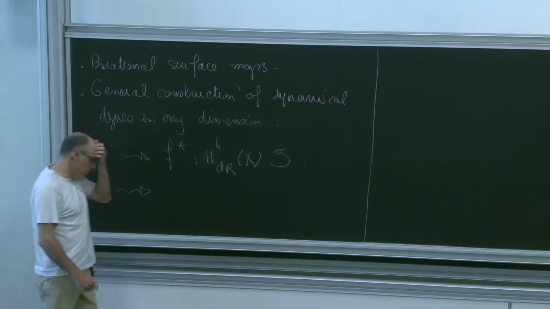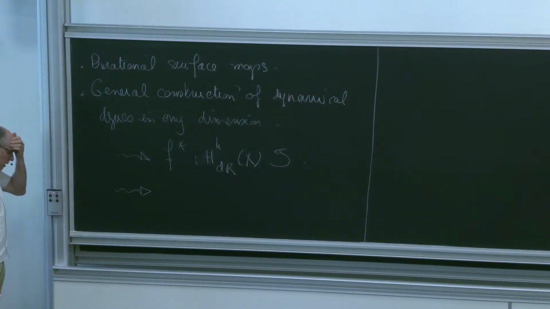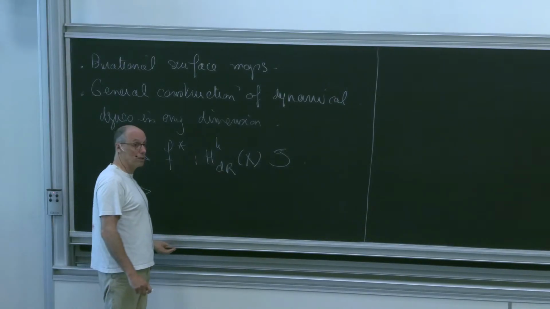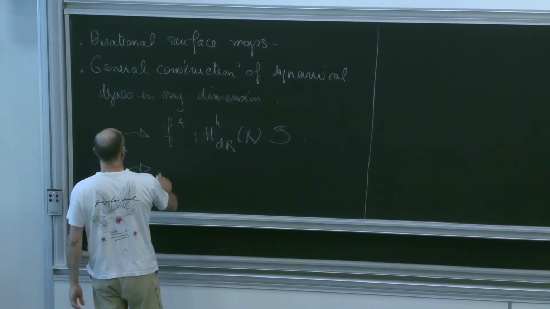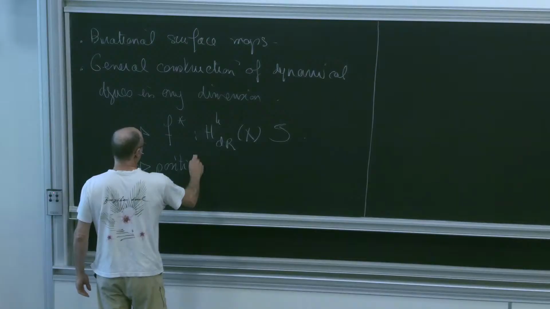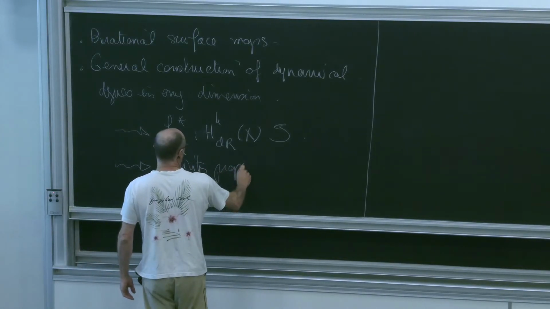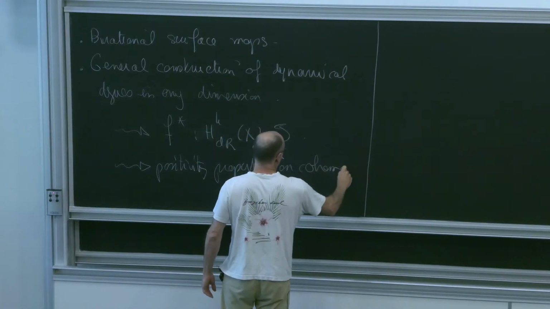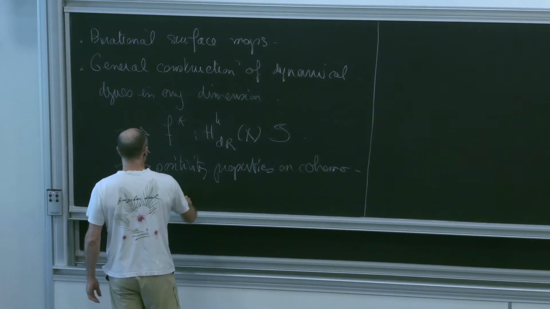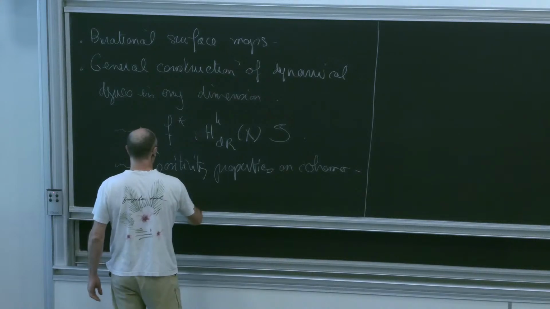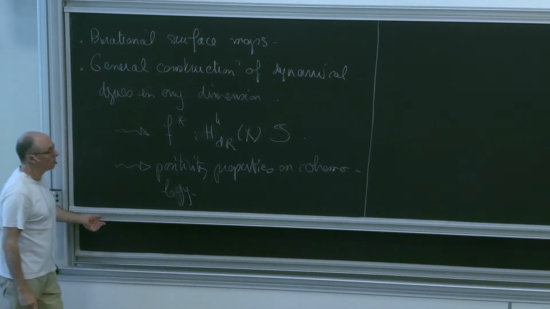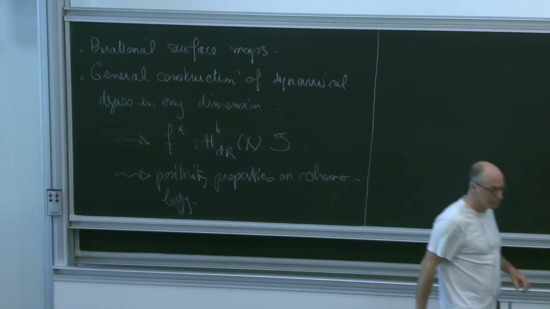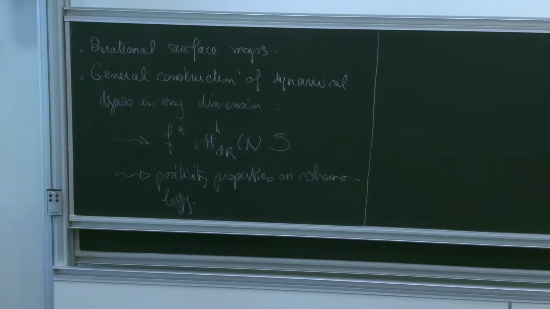And to understand this connection, we will need to exploit the intersection form of the cohomology and positivity properties. The positivity here is going to be very much connected to positivity of line bundles. Okay, so these are the main, let's say, characters of the day.